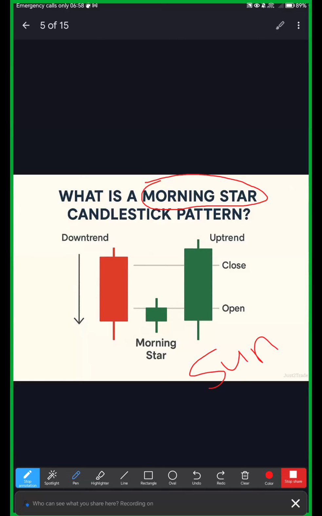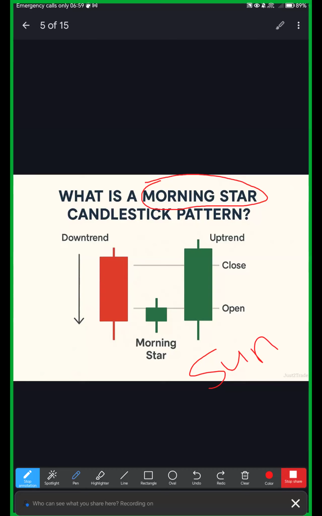Because in trading also, you are going to have days where you are going to have beautiful days. You're gonna have beautiful sunshine when it comes to trading. Those beautiful sunshine days are identified by looking at morning star candlestick chart patterns that appear in the process of your technical analysis or in the process of trading.